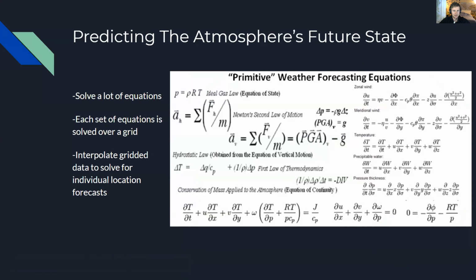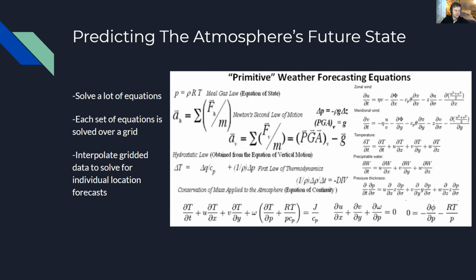The upshot of this is basically that we take our incomplete understanding of what the atmosphere is doing right now, then we plug that information into these hugely complicated equations that spit out a picture of what the atmosphere might be doing in the future. And any error that you make in the initial conditions is going to be magnified exponentially as you move out in time. That falls out of how these equations are set up, basically.